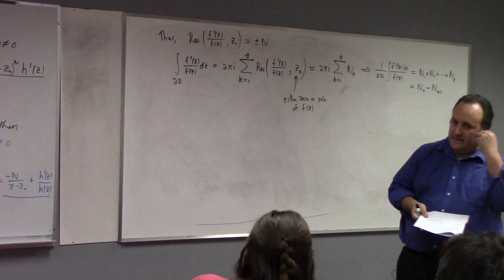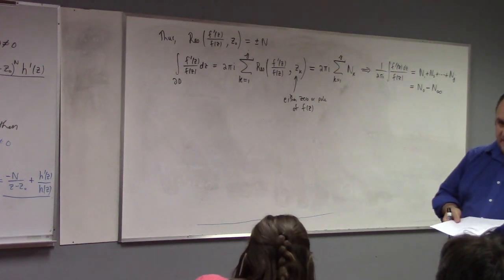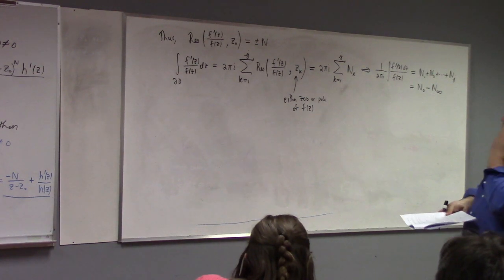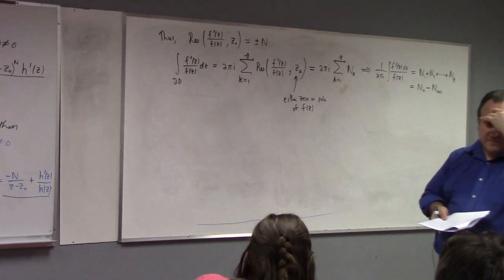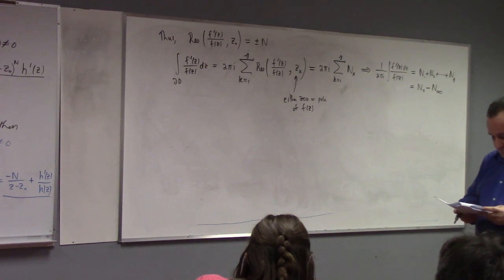Right, because we got a minus. We're using the convention that n sub k is negative if it's a pole. It's positive if it's a zero is our convention for this proof. So there you go.